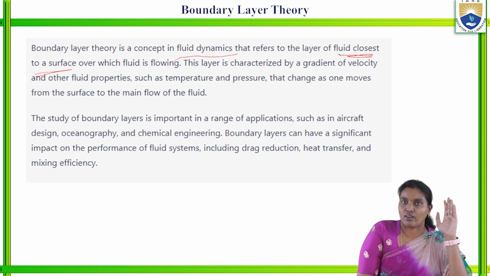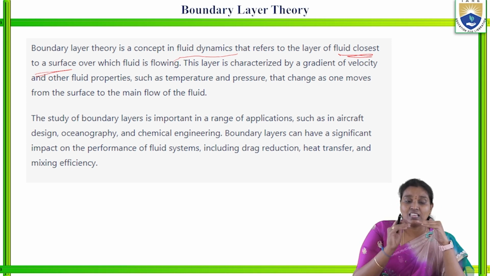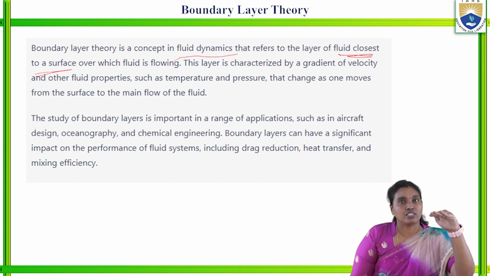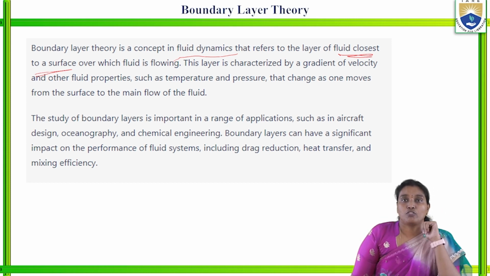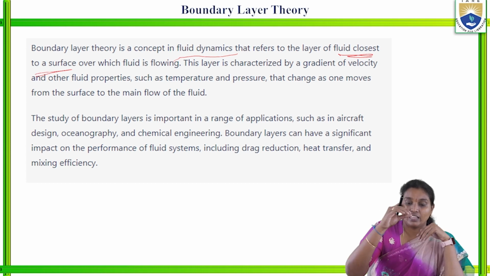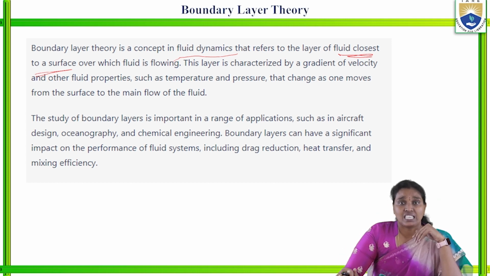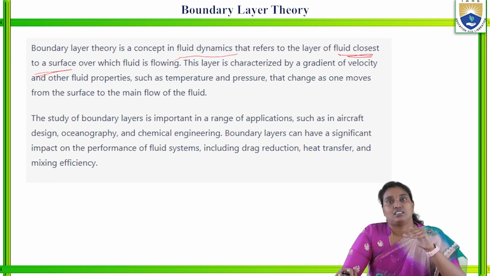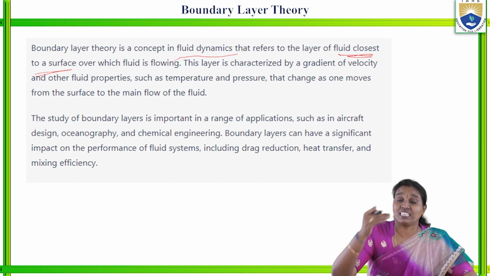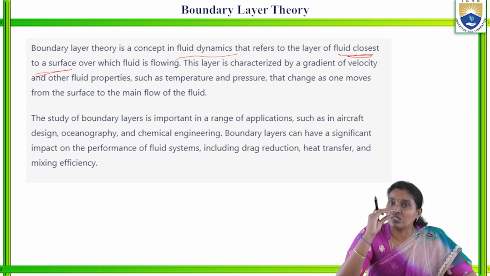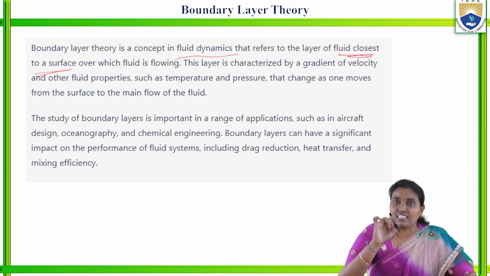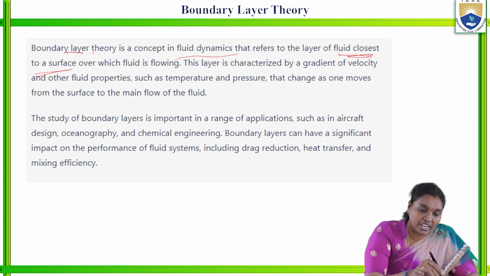These are some of the examples for understanding the boundary layer. First we have to consider the surface, the fluid closest to the surface of the flowing fluid. Any object moving in the layer above the surface affects what happens closest to the surface, and this is nothing but the boundary layer.